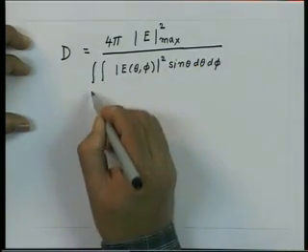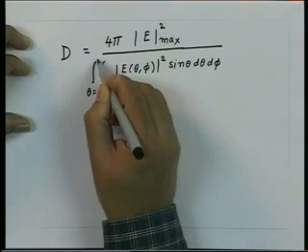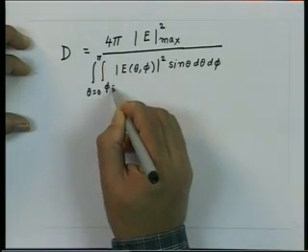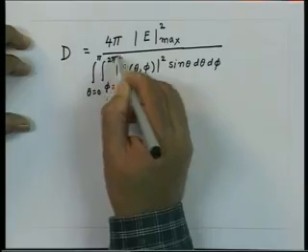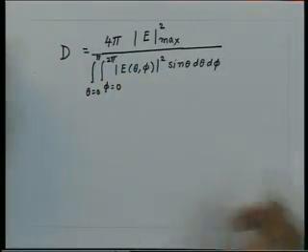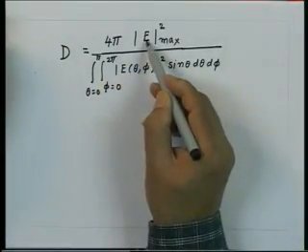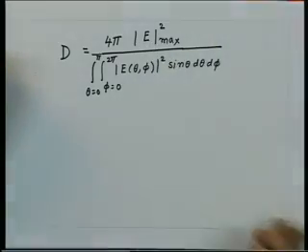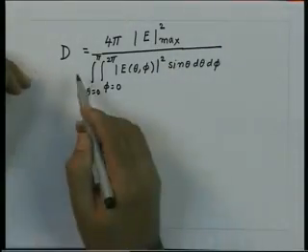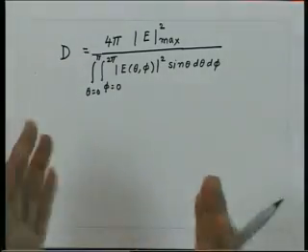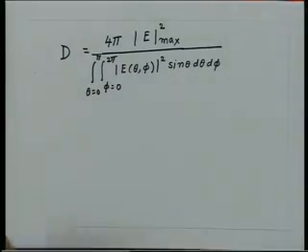This is a double integral with theta from 0 to pi and phi from 0 to 2 pi. Now, this quantity essentially you can get from the radiation pattern. So, the directivity is a parameter which is purely defined by the radiation pattern.